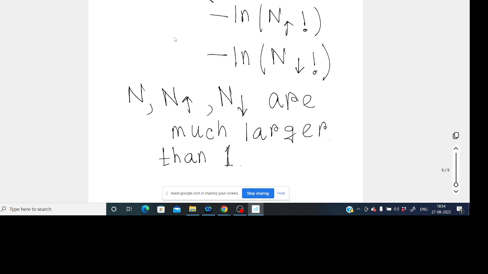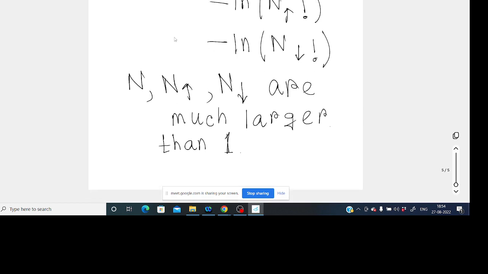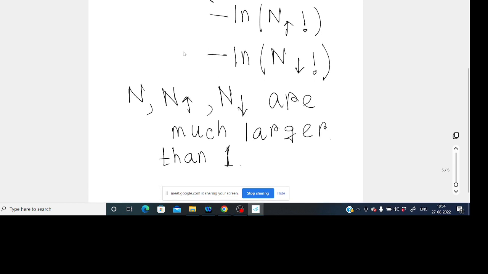So in this large n limit, we'll have something called Stirling approximation. All of you know that, right? The Stirling approximation: log n factorial is approximately n ln n minus n.